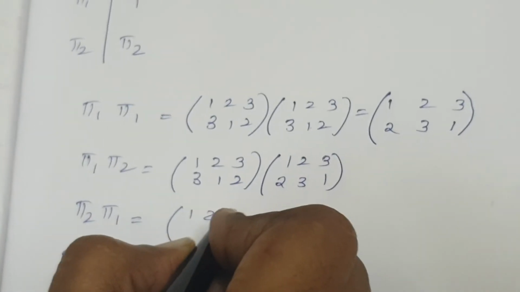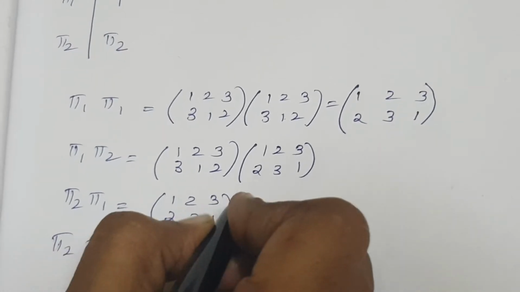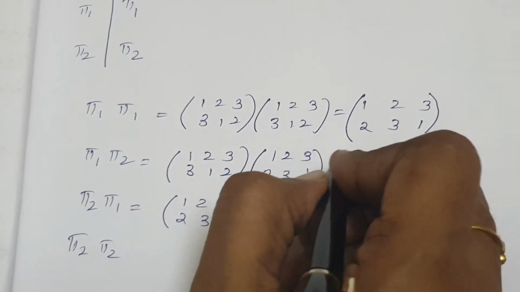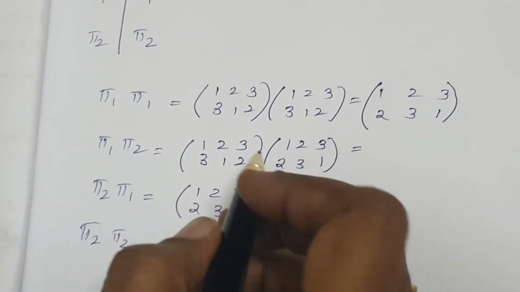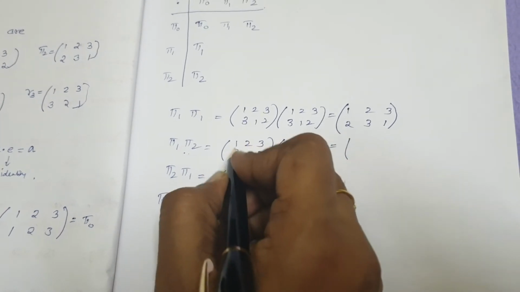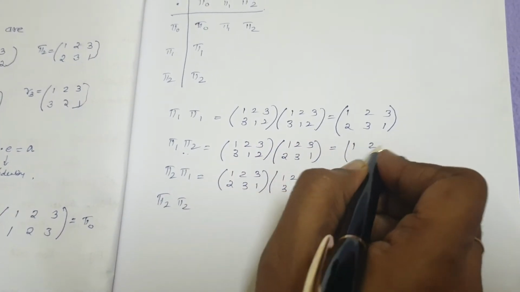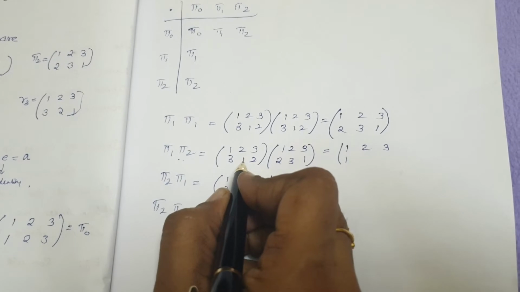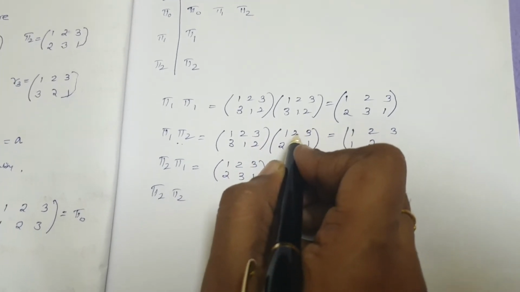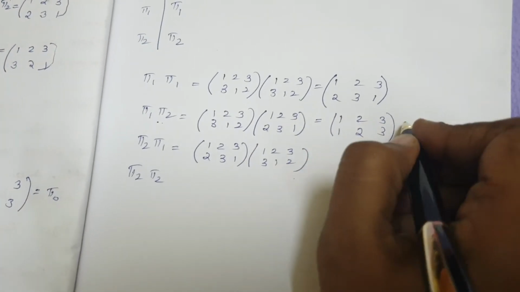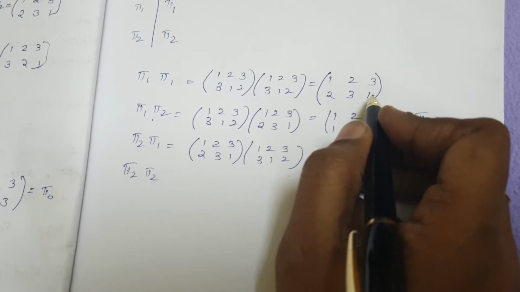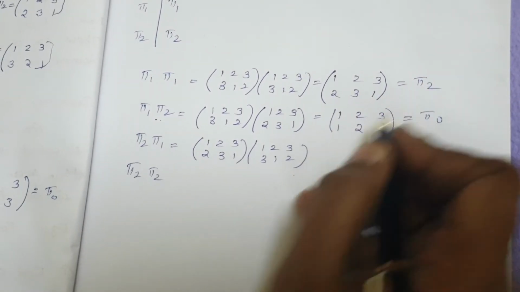Now let me find out the value of pi 1 into pi 2. So 1, 2, 3, 3, 2, 1. Next 1 to 2, 3 to 2, 2 to 3, which is pi naught, and 1, 2, 3, 2, 3, 1 is nothing but pi 2 value.